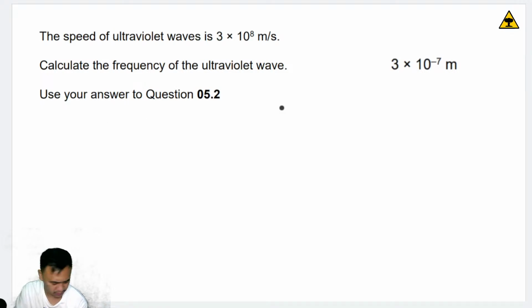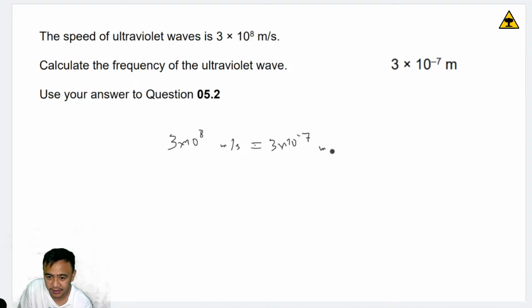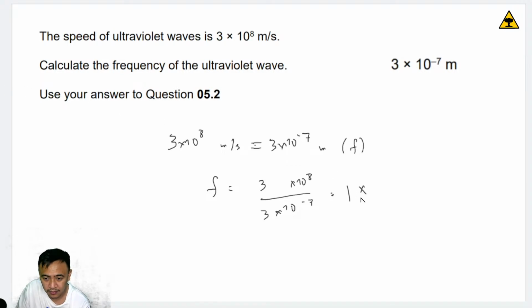If I rearrange that, frequency equals 3 times 10 to the power of 8 over 3 times 10 to the power of negative 7, which gives you 1 times 10 to the power of 15 hertz.